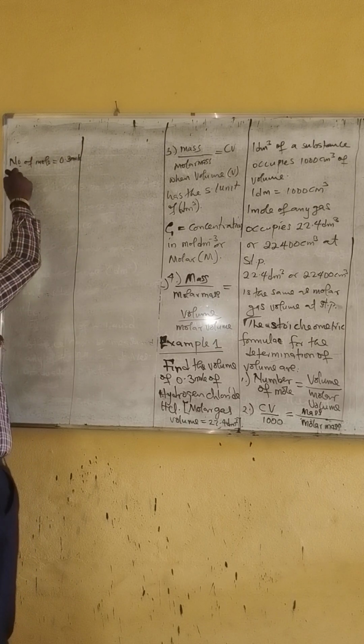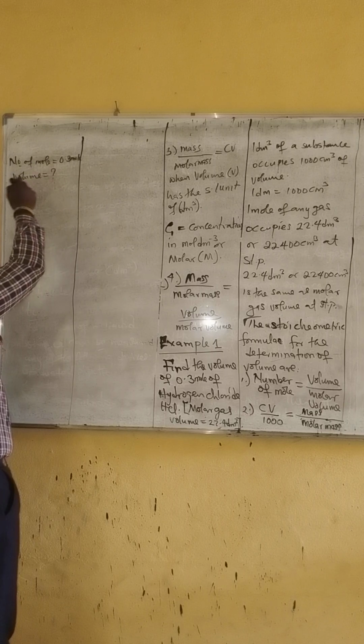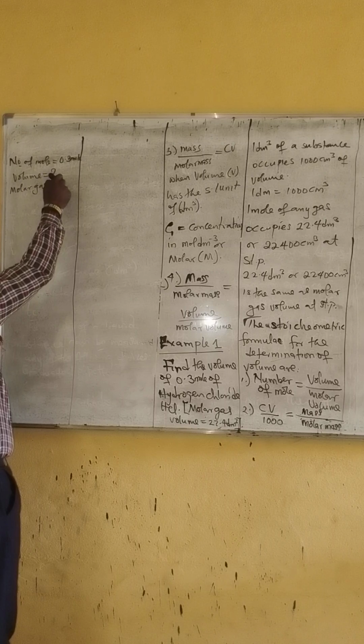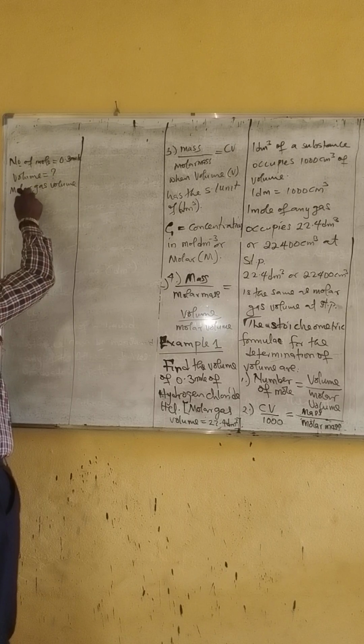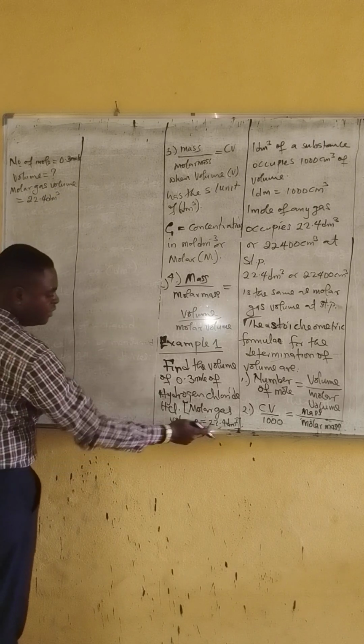Then your volume, that's what they say you should find. It's unknown. The molar volume has been given to you to be 22.4 dm3. That's what we have here.